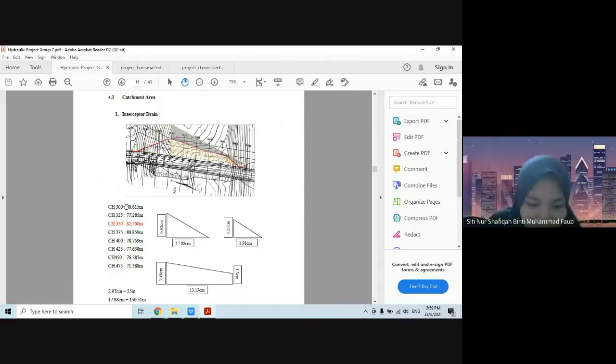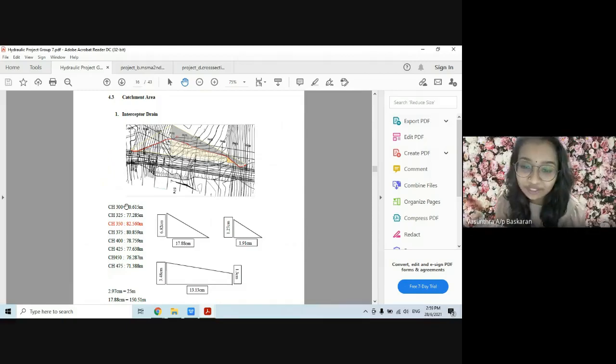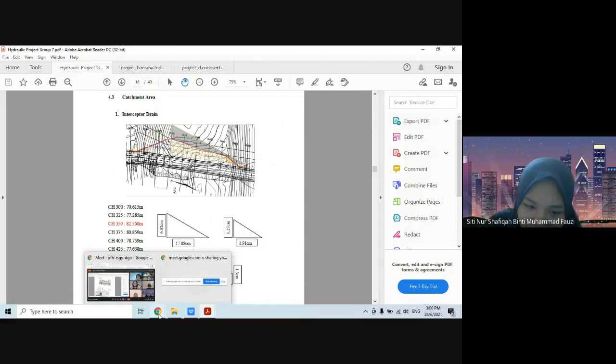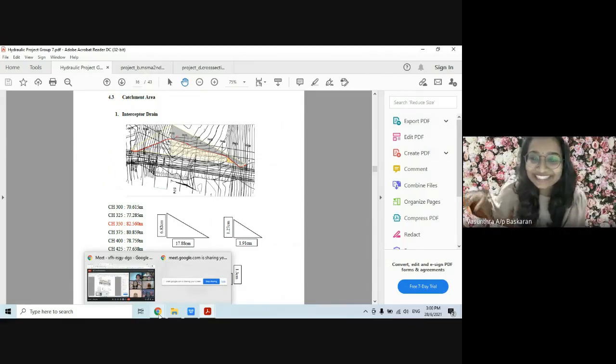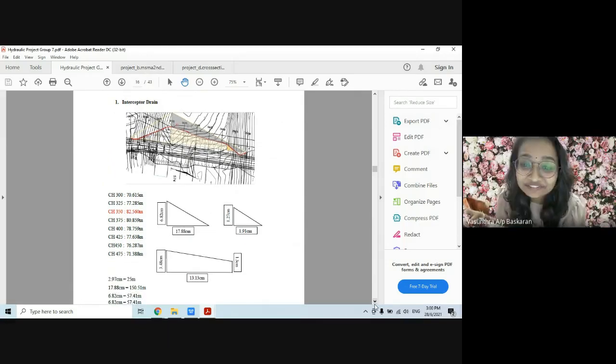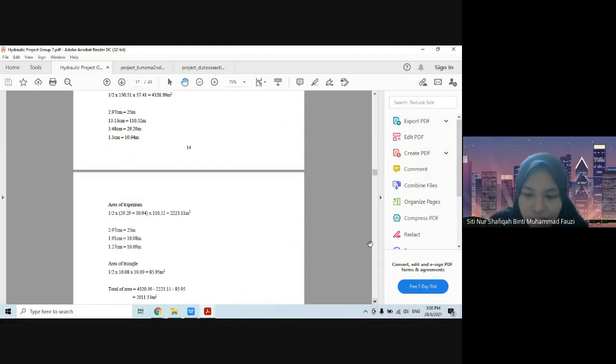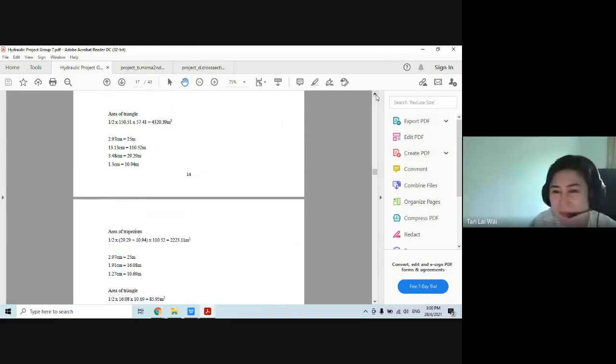Apa dia doktor? Tak jelas. Lagi bawah, yang table hari tu kita buat tolak-tolak tu. Tolak-tolak. Sorry, tak dengar. Dari bawah ke atas yang first. Yang table tu. Oh, yang kat Enfield tu ke?